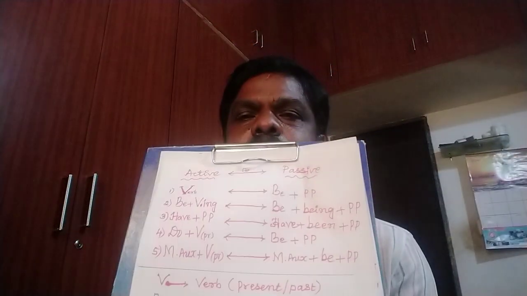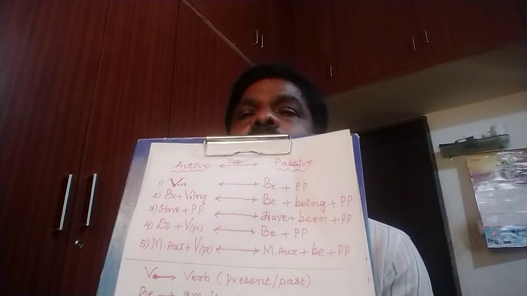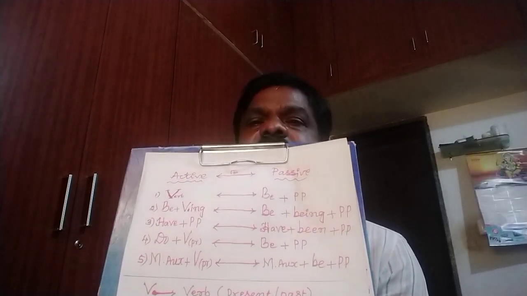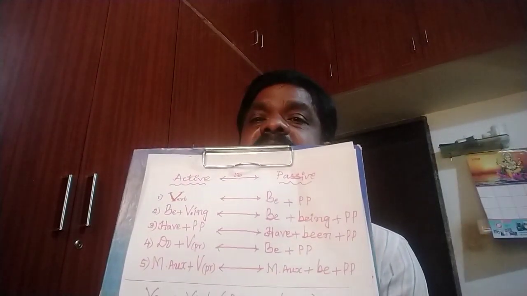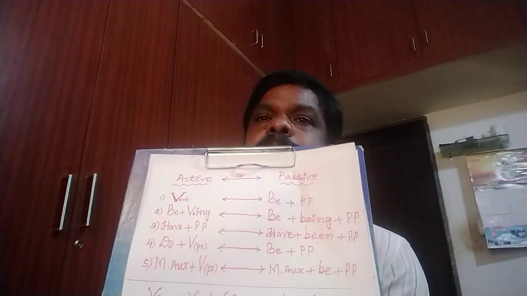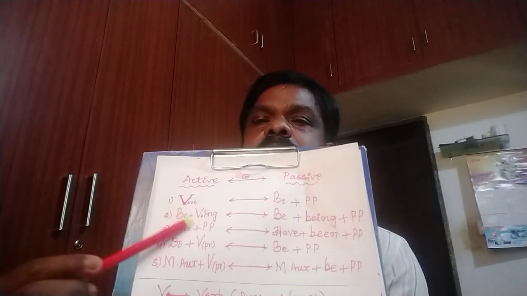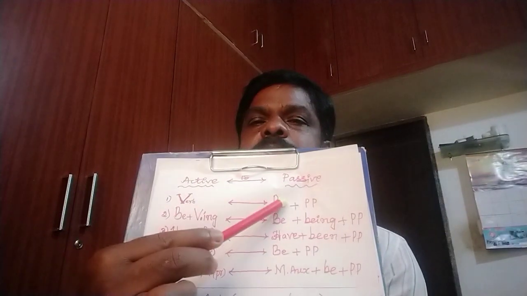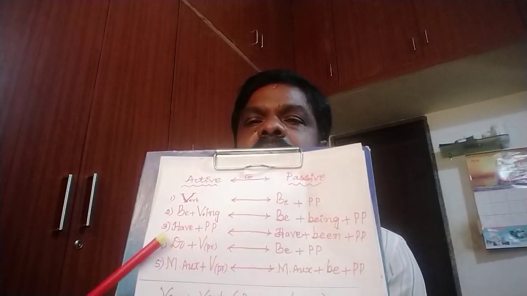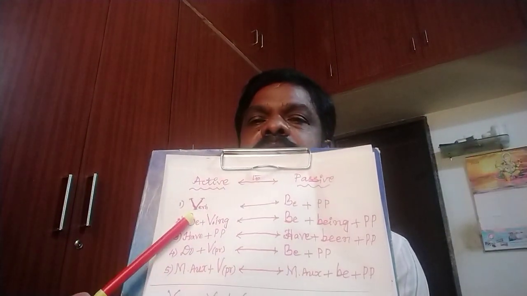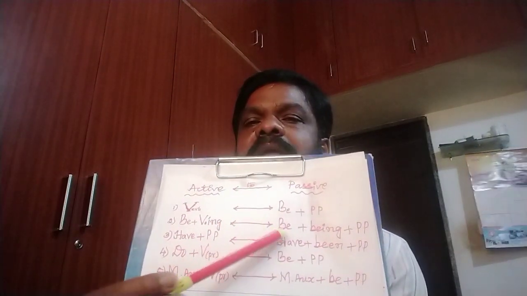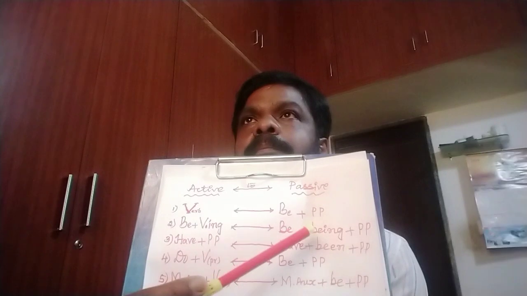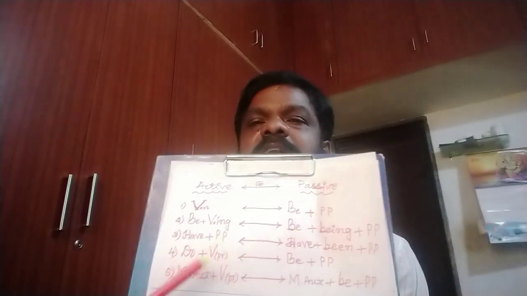If in the sentence there is only the verb, you have to take be form plus past participle. If there is be form plus verb-ing, then you have to take be form being plus past participle.